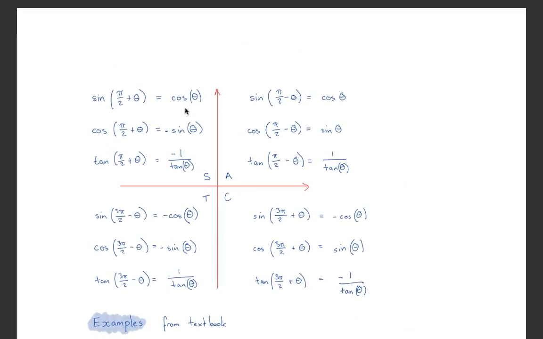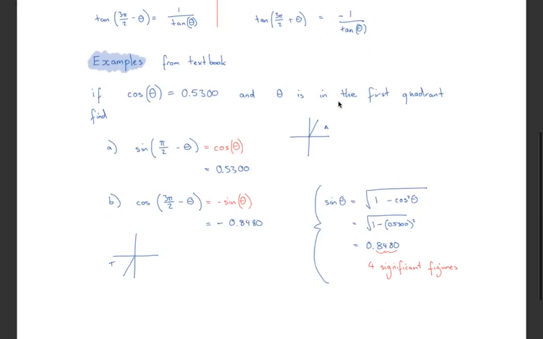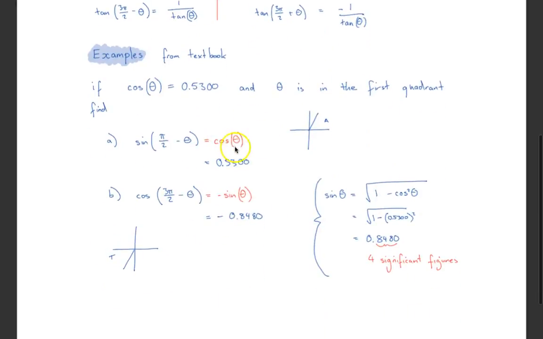Looking at our rule here, sine of pi on 2 minus theta is equal to cosine of theta. We are given what cosine of theta is up here, so sine of pi on 2 minus theta is just equal to 0.5300.